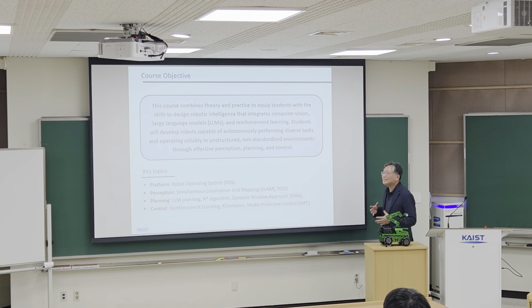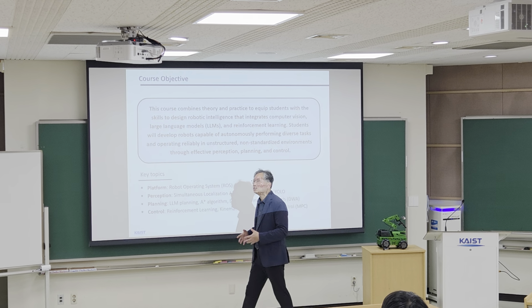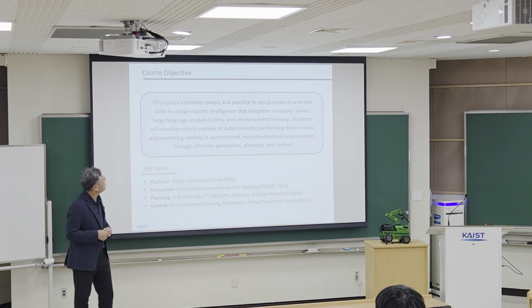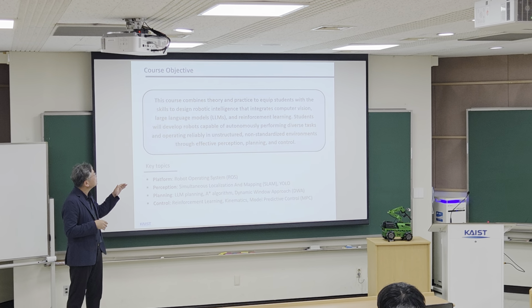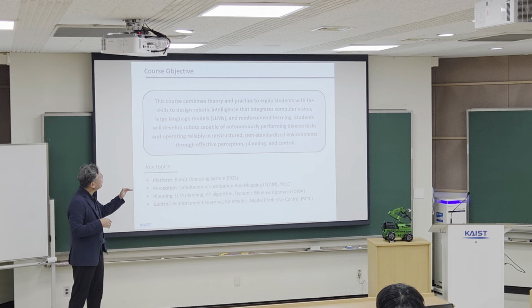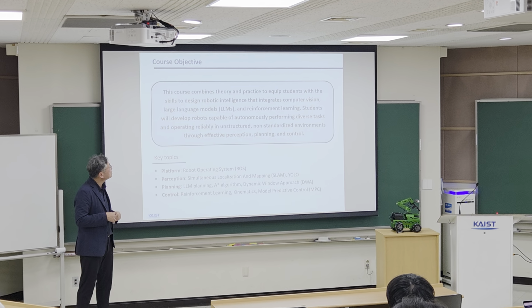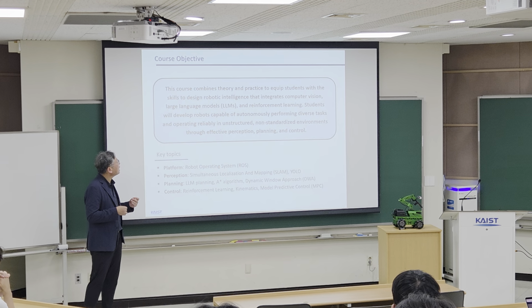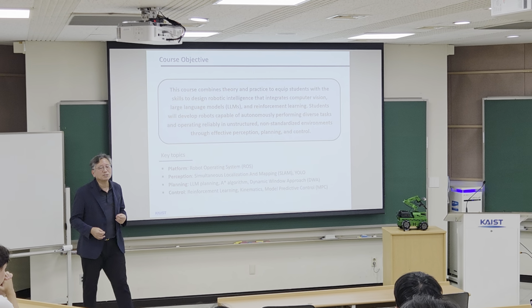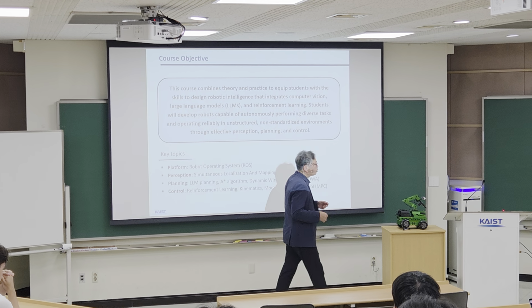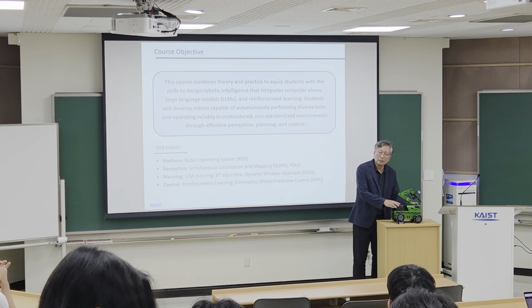So, what is the objective of this course? I just want to make it clear. It says it very clearly here. This course combines theory and practice to equip students with the skills to design robotic intelligence. We're not here to design a robot.